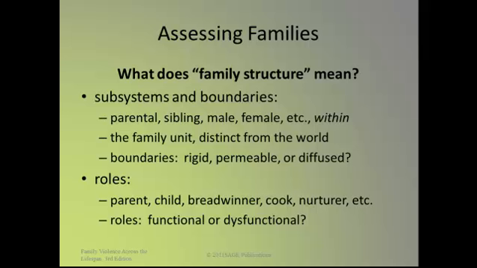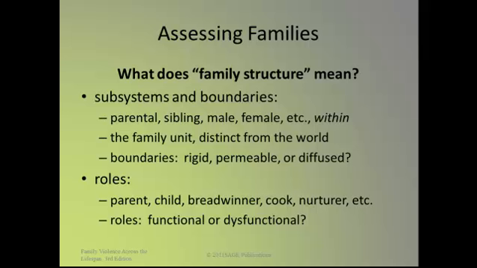For instance, one part of family structure is subsystems and boundaries. If you think of a family as a unit and just picture a circle, and within that circle is where the family unit exists, and within that circle there are pie slices, let's say, that define the various systems within the family, so that we have the parental subsystem, the mother and the father.